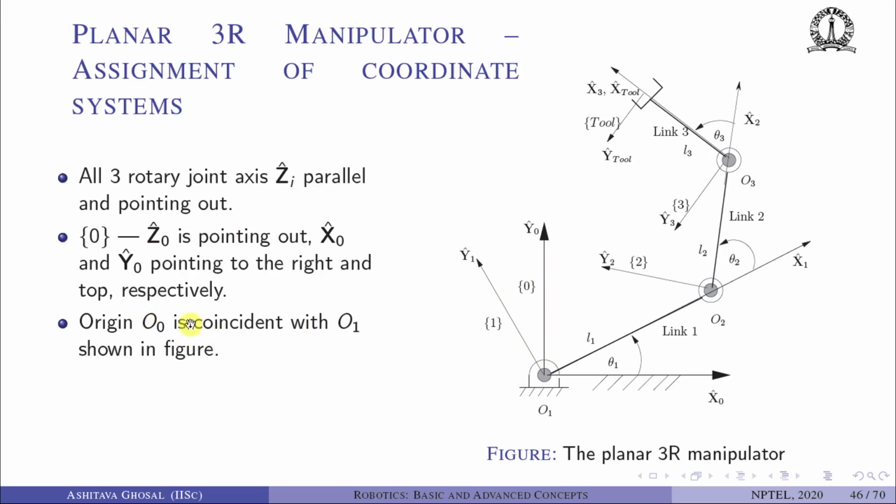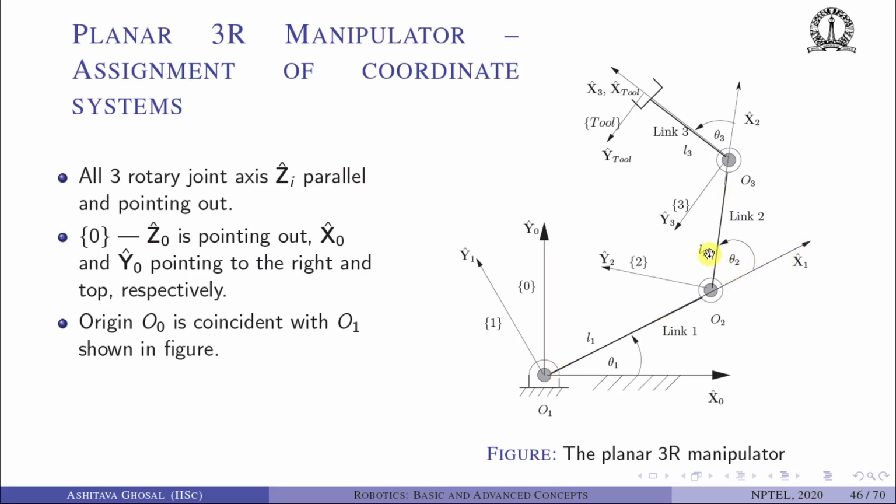The origin of O0 and O1 is at the same place. So the first coordinate system origin is at the same place as the 0th coordinate system. The second origin is shown here as O2, and the third origin is shown here as O3. We will go over this once more carefully, but let's quickly show you that the x1 axis is the common perpendicular between z1 and z2. So this is the line along the x1 axis.